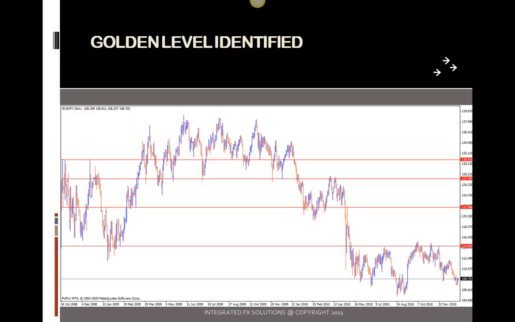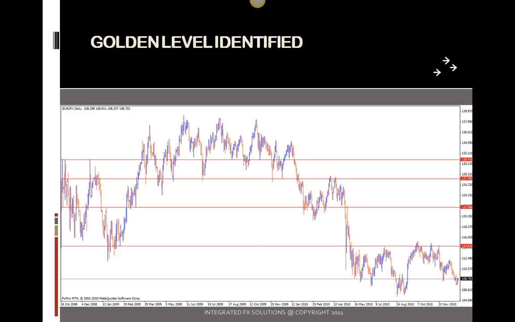The fourth level is at 114.83. So 114.83 is the golden level. We saw how price acted as support and resistance to establish the golden level, and immediately after that we saw 3 rejections and a dip.